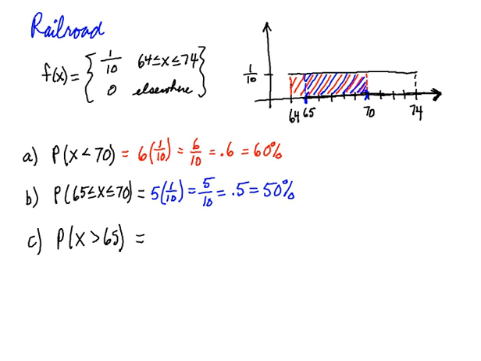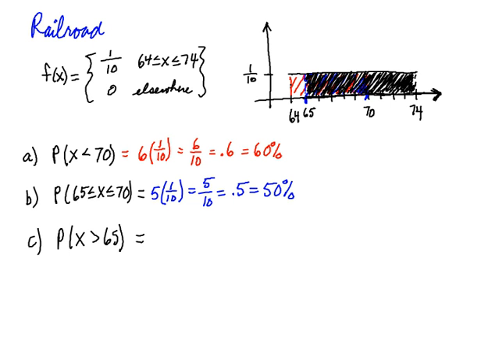Notice that extends beyond 74, but there is no probability of being above 74, or the probability is 0 above 74. So to get above 65 is, again, just the area under the density function above the interval. I'm going to shade that in black, and I have to calculate that area to calculate the answer.